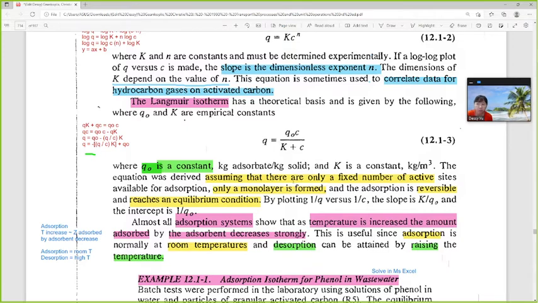We have to remember the principle of absorption from before.